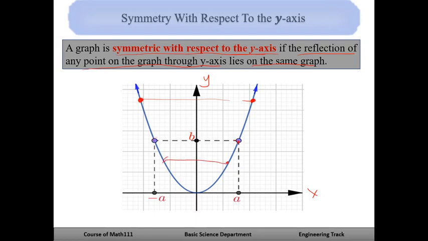So you will see its reflection, y is the mirror here. If the reflection of a curve is also a part of the curve, then you say it's symmetric with respect to y-axis. Or sometimes we can say, if you fold this side to the other side and it overlaps, then it's symmetric with respect to y-axis.